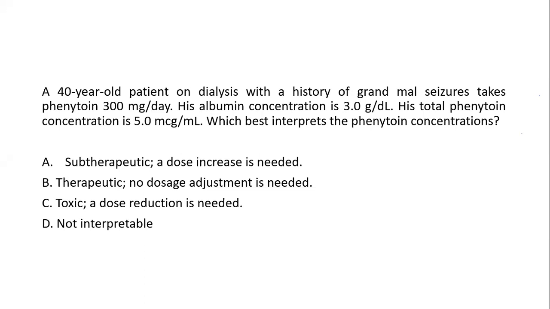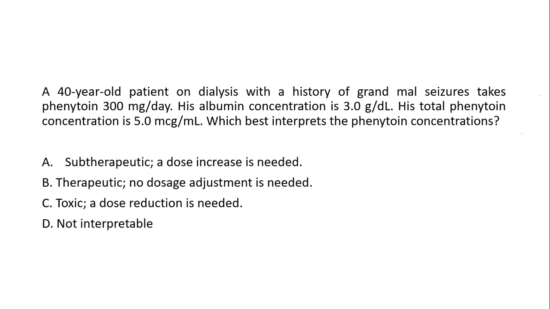What do you think is the level? The usual levels for phenytoin are 10 to 20. We need to see if this level is subtherapeutic, therapeutic, toxic, or non-interpretable. When you see a phenytoin concentration of 5, you're going to think that this patient is subtherapeutic, increase the phenytoin dose.